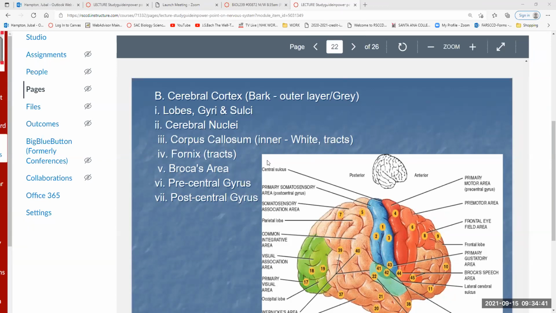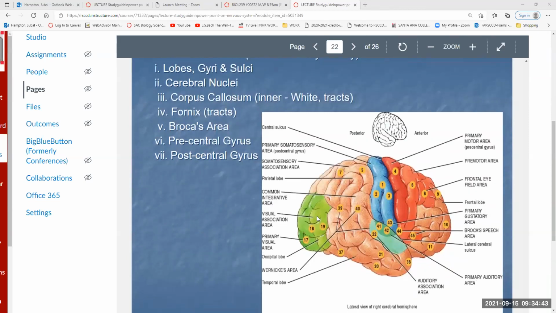Now, the brain is, again, a left and right-sided organ. The two hemispheres of the brain are connected by the inner highway called the corpus callosum.